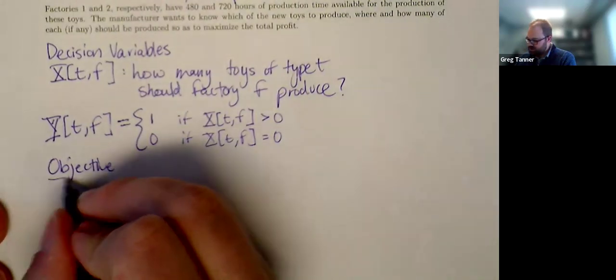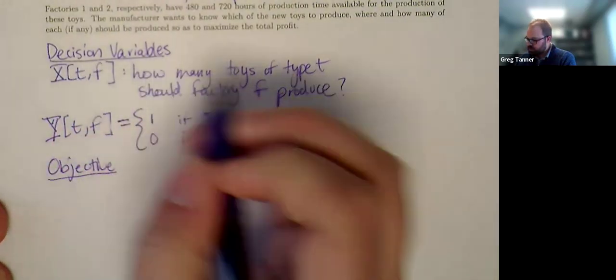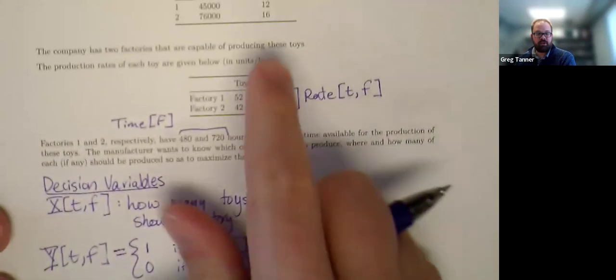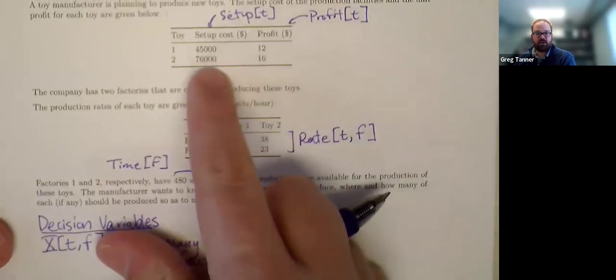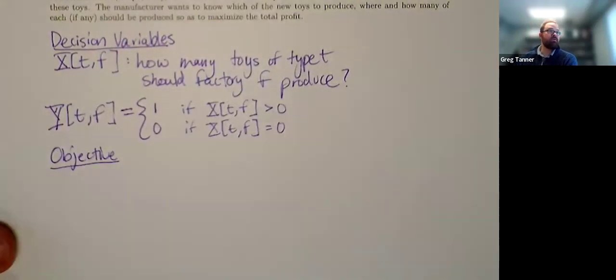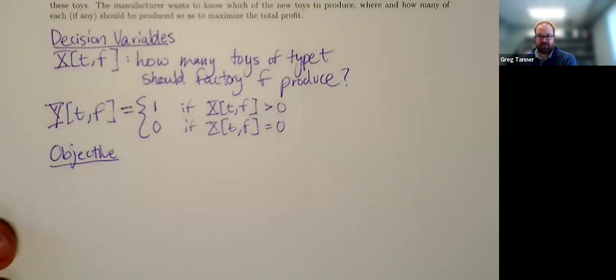And our objective, we're going to want to look up here. So we've got profits tied to each toy type, as well as setup costs tied to each toy type. We're going to want to think of the profit from those toys and the setup costs.